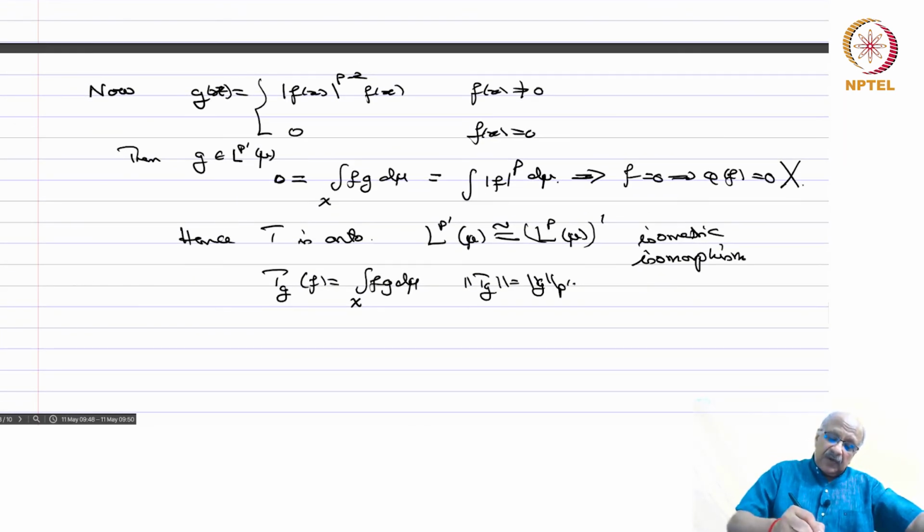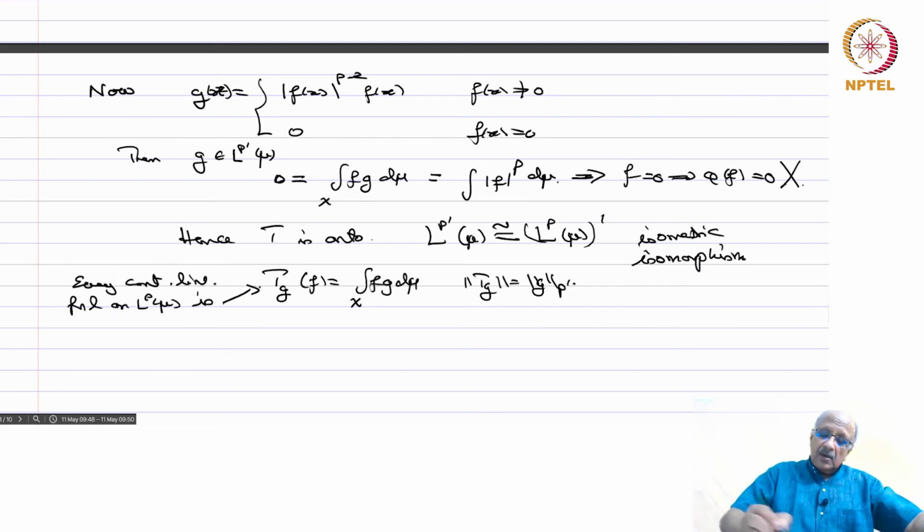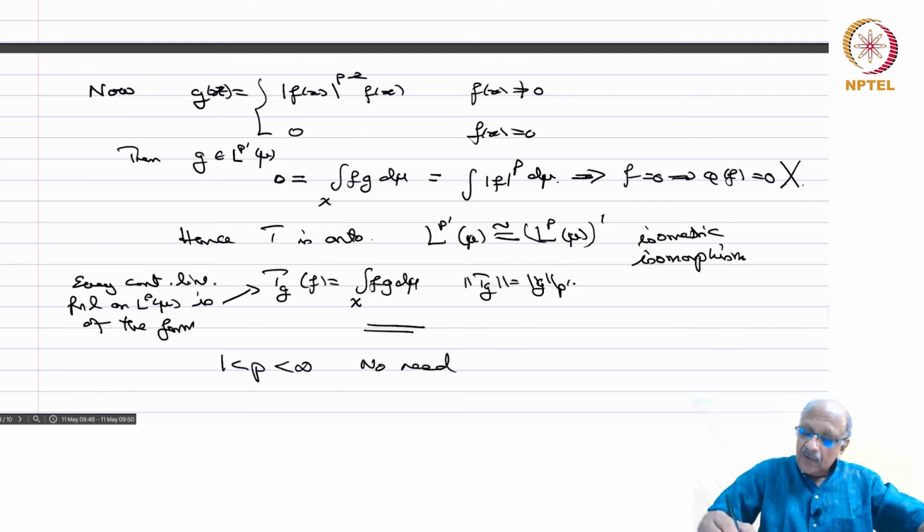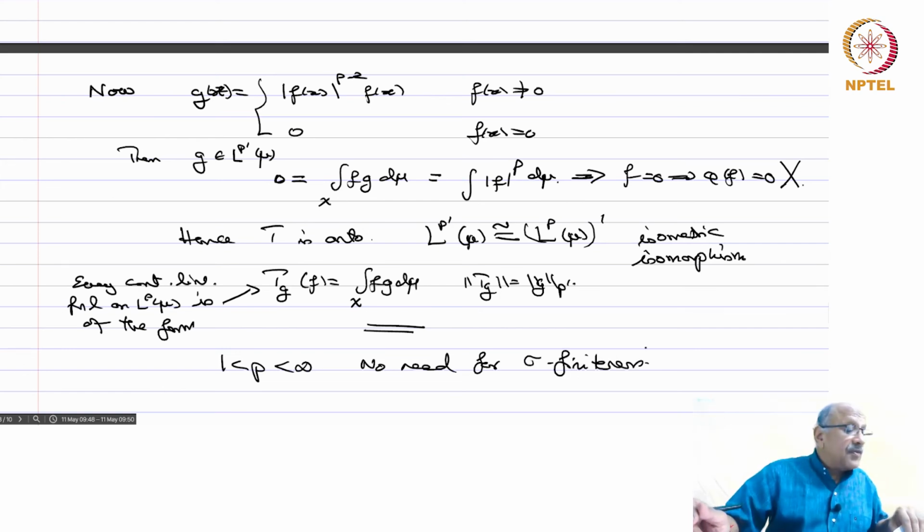So every continuous linear functional on L^p(μ) is of the form like this. So for 1 < p < ∞, there is no need for sigma finiteness. That is the beauty of this proof.